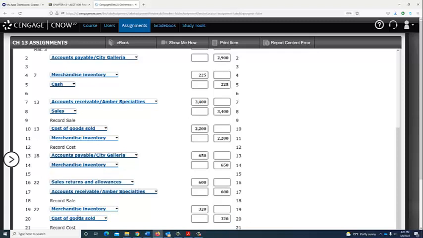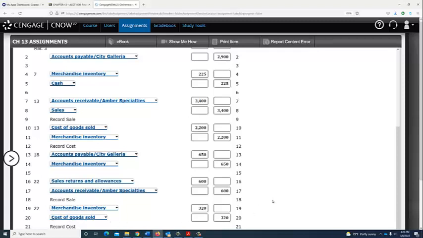Okay, and we credited cost of goods sold because up here we had increased it. So if the merchandise that we sold is returned, then we'll have to reduce our cost of goods sold.